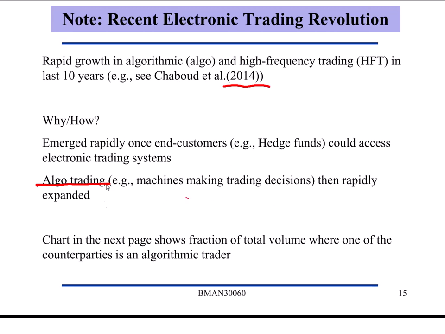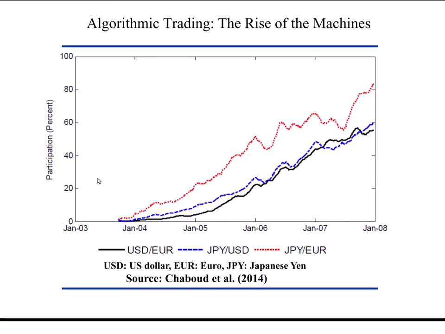This algo trading rapidly expanded. In the next slide, we're going to see the fraction of total volume where one of the counterparties in FX trading is an algorithmic trader. It's from this paper.